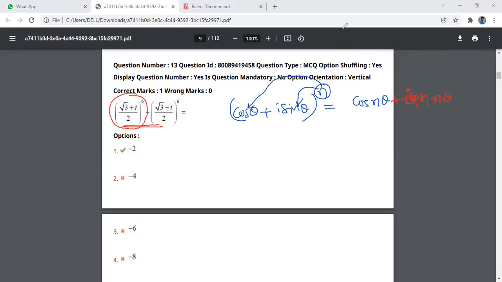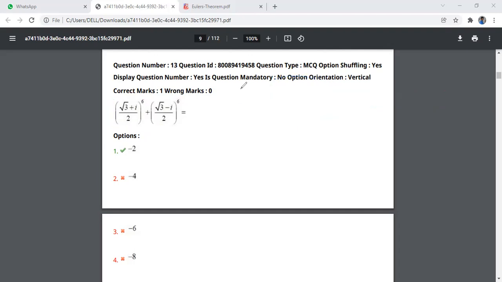So what it will be? It is root 2. One second, I will write the formula clearly. Cos theta plus i sin theta whole power n is equal to cos n theta plus i sin n theta. This is the formula. So what is it, root 3 plus i by 2 whole power 6.